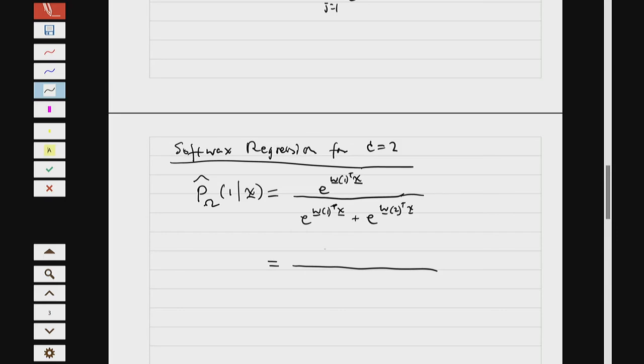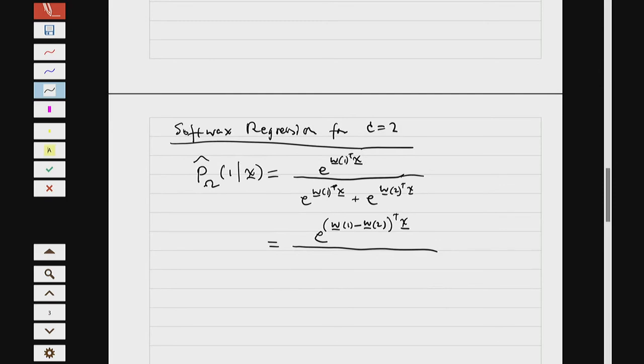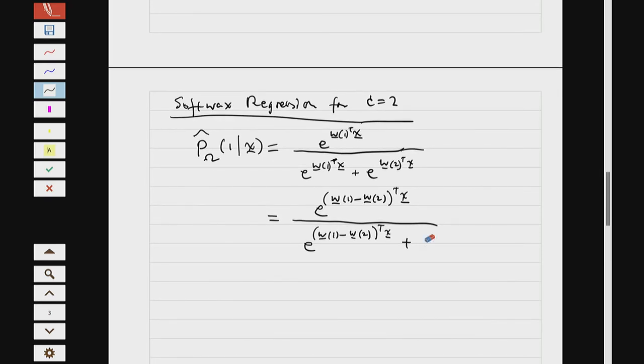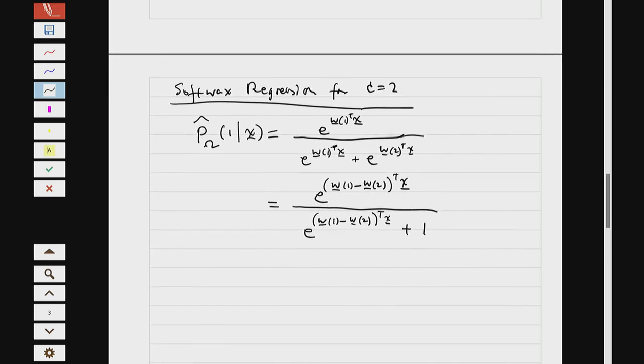When you divide, this becomes e to the w1 minus w2 transpose x over 1 plus e to the w1 minus w2 transpose x. So now it's the same form as the binary case.